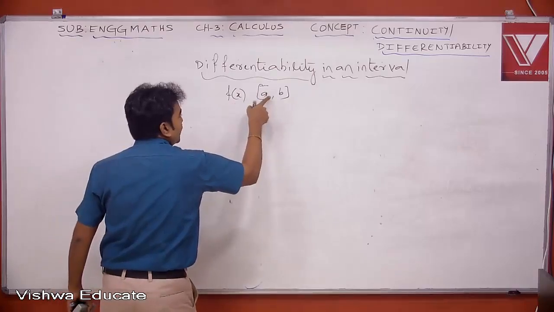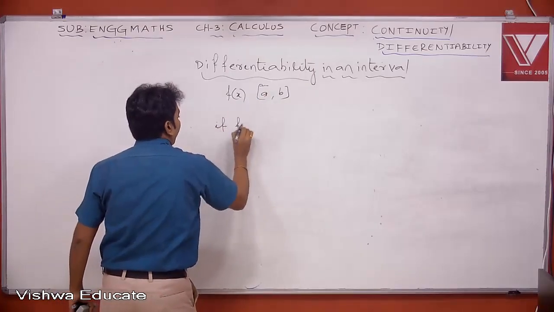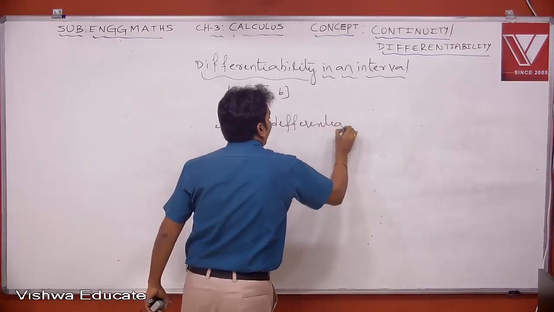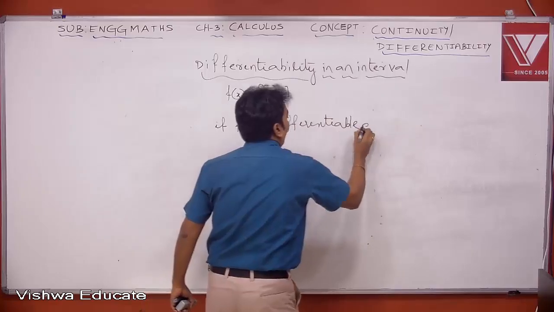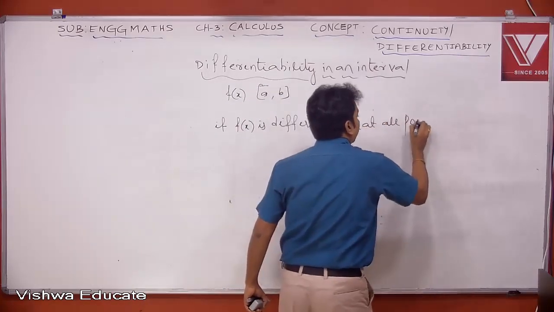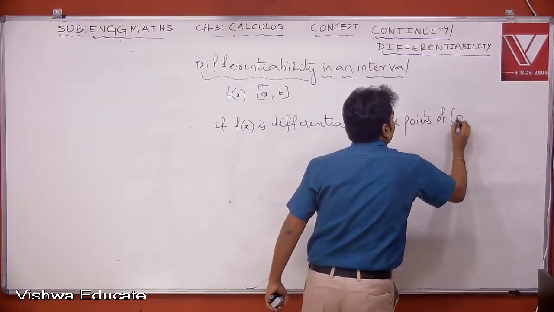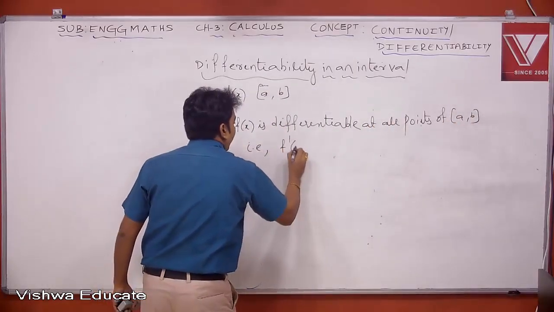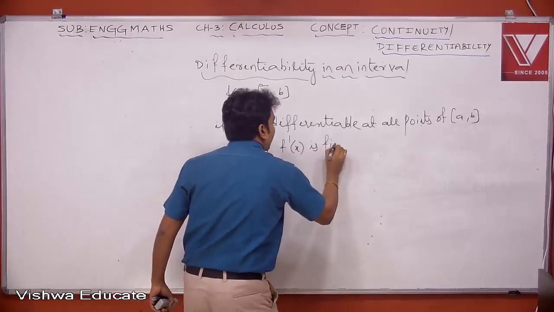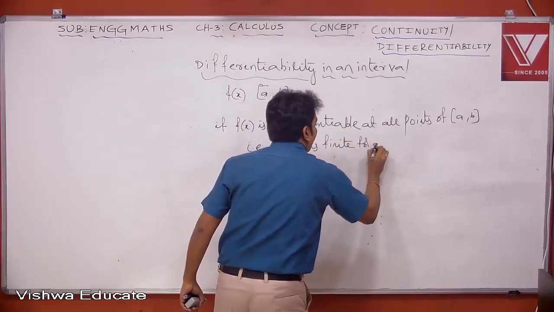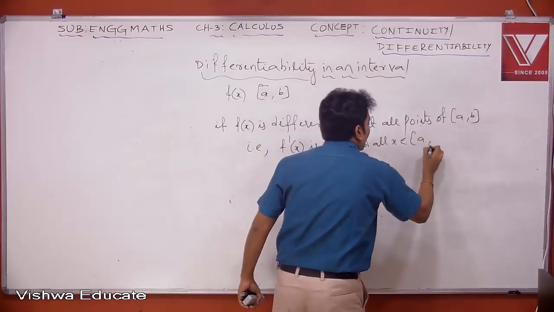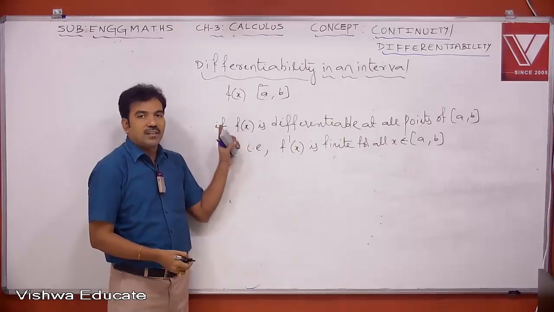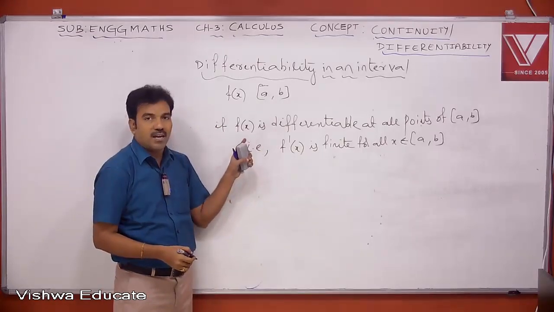We say that f of x is differentiable in this interval if f of x is differentiable at all points of closed interval a comma b. That is, what is the meaning of this? F dash of x is finite for all x belonging to closed interval a comma b. So whenever a function satisfies the condition in closed interval a comma b, then we say that f of x is differentiable in closed interval a comma b.